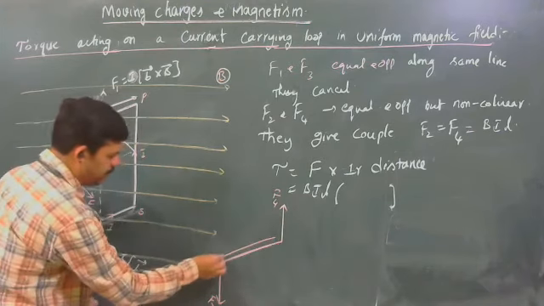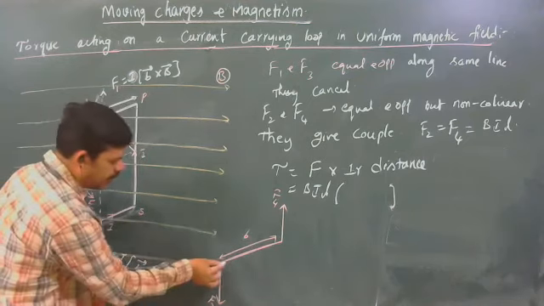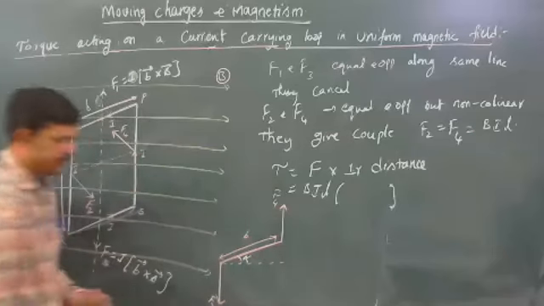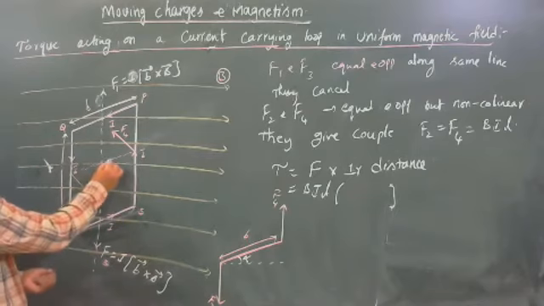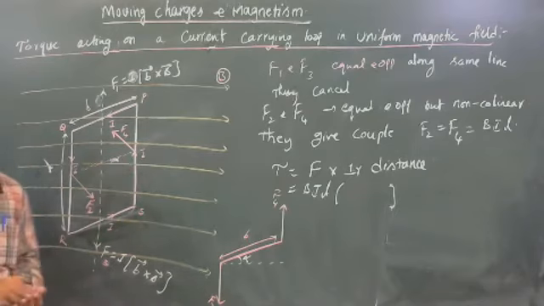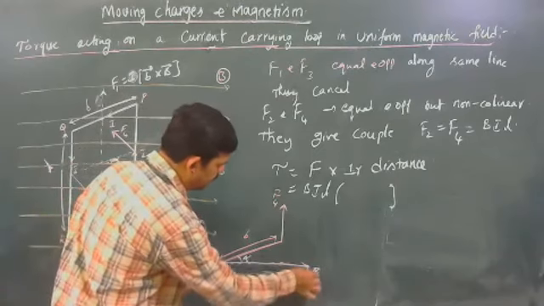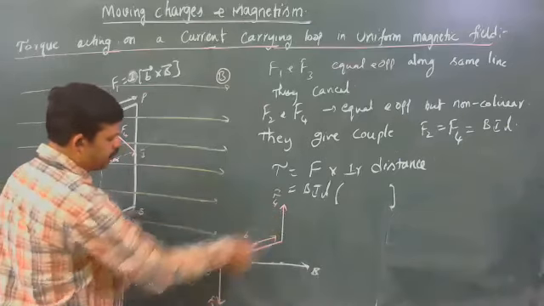So this side B is making some angle alpha with the field direction. What is the perpendicular distance between these two forces?